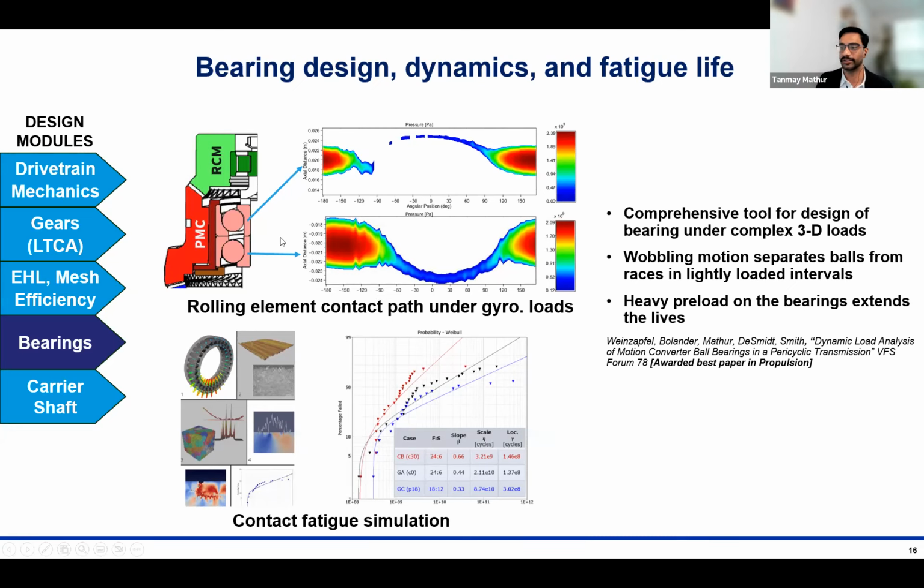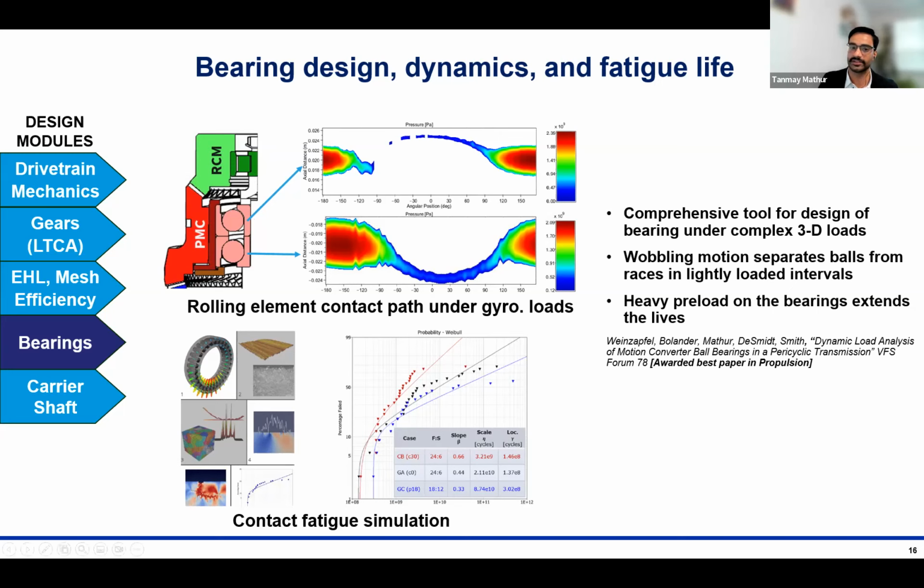With their tool, we were able to model these bearings as flexible bodies and look at what the contact stress on this roller looks like as it rolls through the inner race.